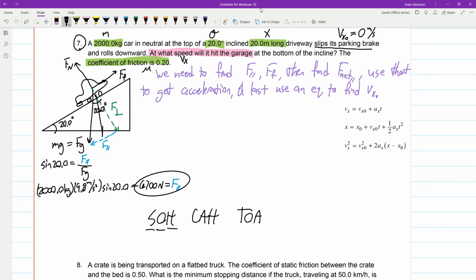So here's our opposite thing right here. So that was our parallel. Well, that means cosine is adjacent over hypotenuse. So if this one's my opposite, that means perpendicular is my adjacent. And so that's what we'll end up using. We're going to use cosine. So cosine of my 20 degrees will give us our force perpendicular.